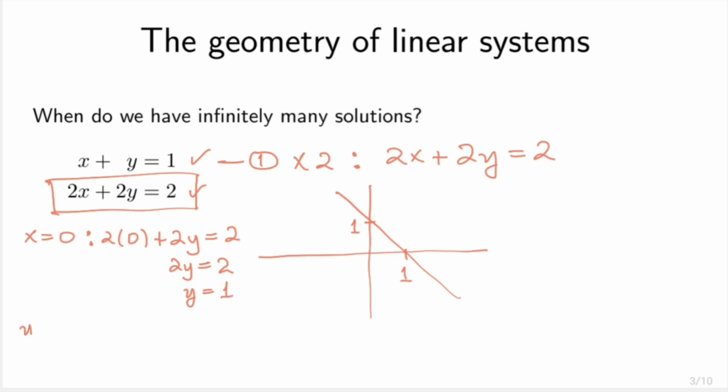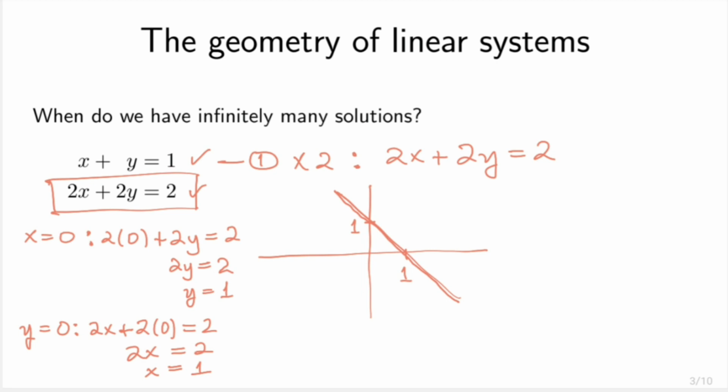And then when y equals 0, what do we have? We have 2x plus 2 times 0 equals 2. That means 2x equals 2 and x equals 1. So both the x and y intercepts of 2x plus 2y equals 2 are also 1. That means that the graph of that is the same thing as this one.